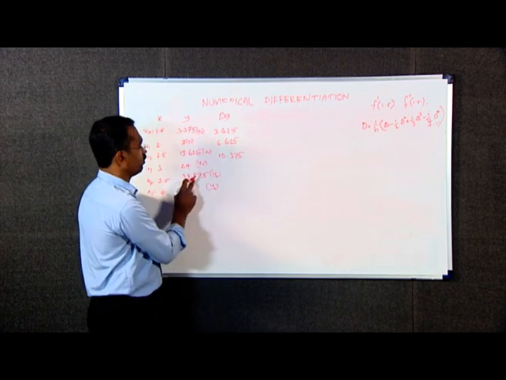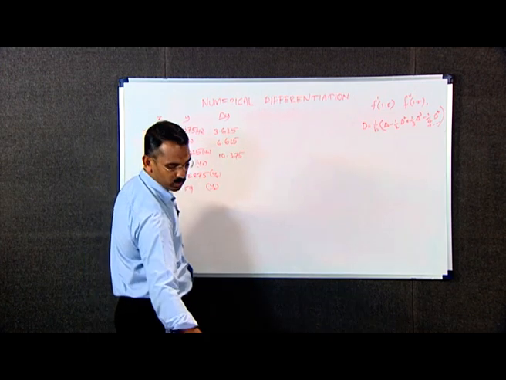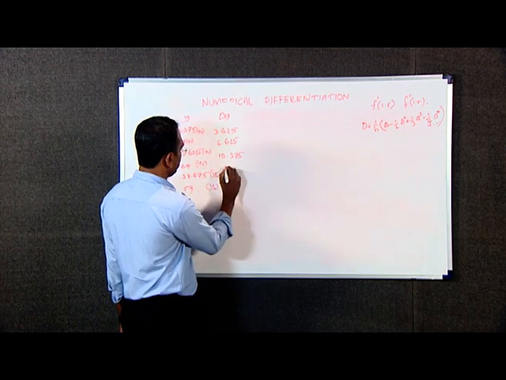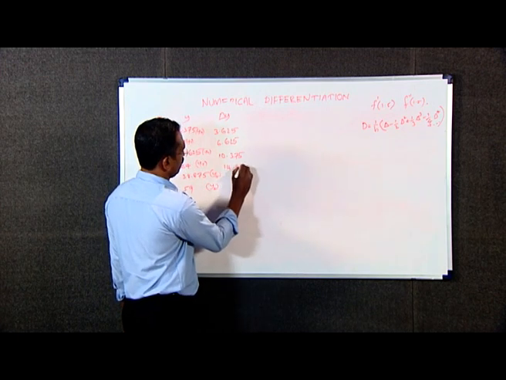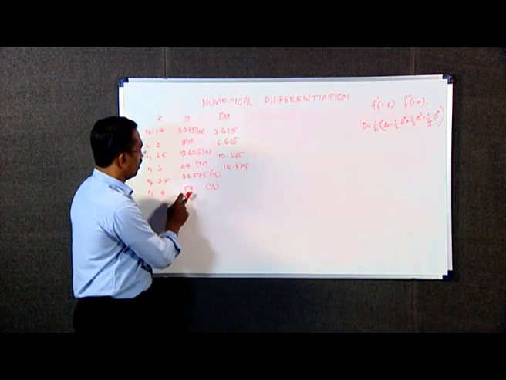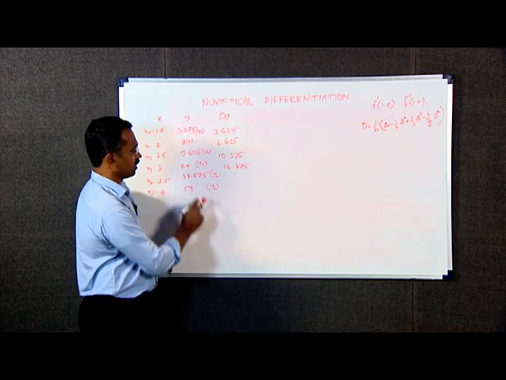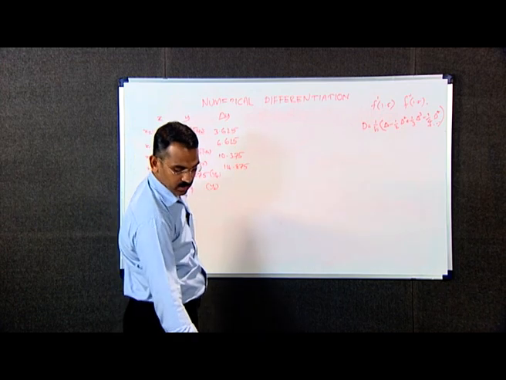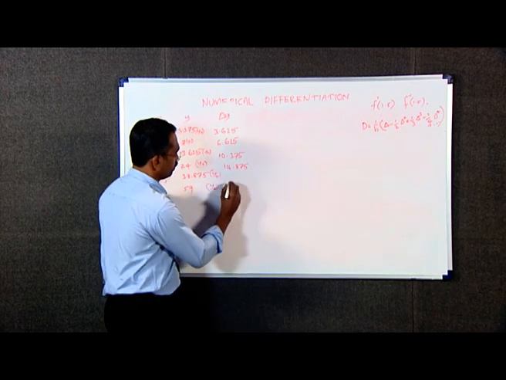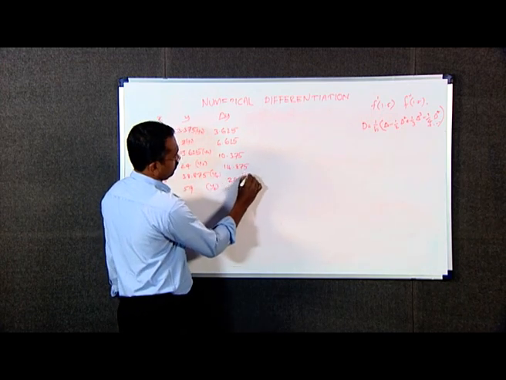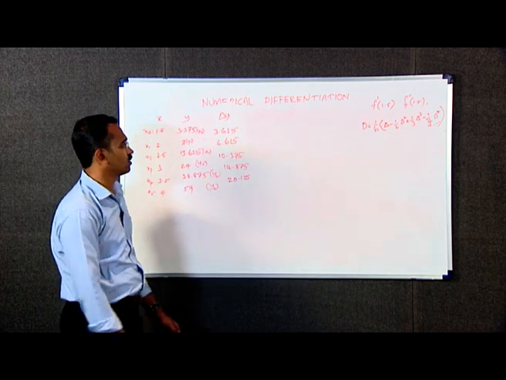Next is 38.875 minus 24 which is 14.875. The last first order difference is 59 minus 38.875 which is 20.125. These are the first differences.